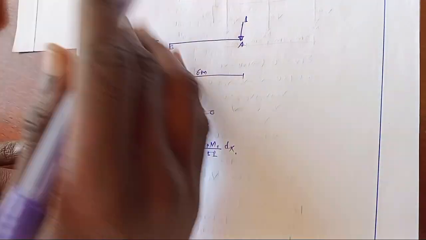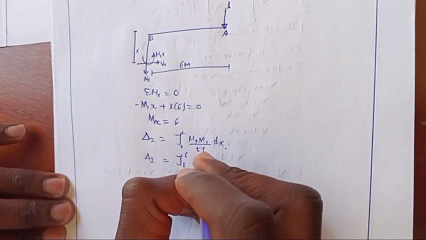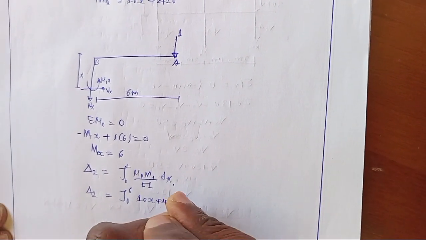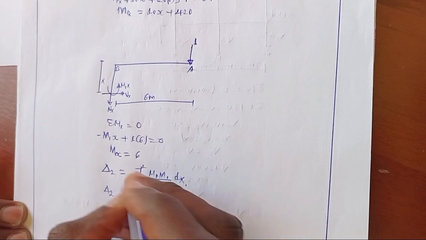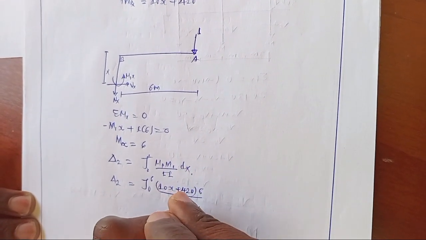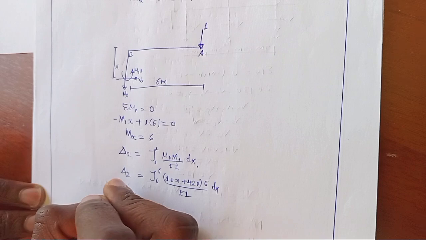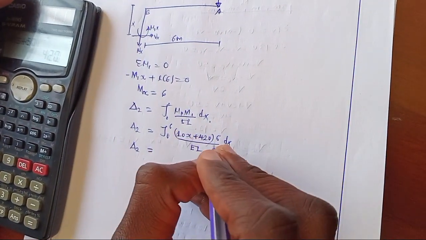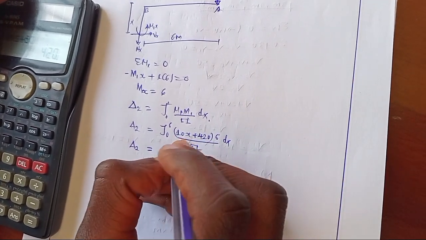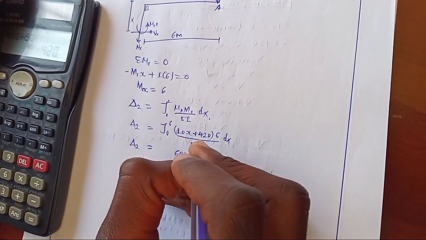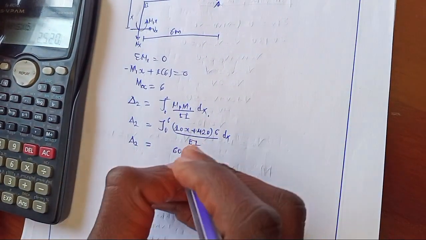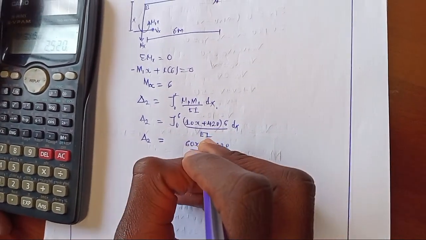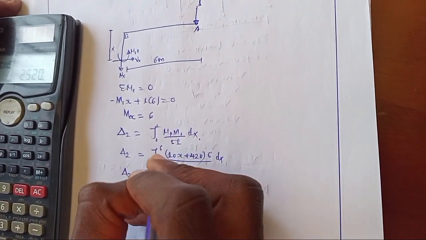Okay? The moment due to applied load was 10x plus 20, times the moment due to unit load, which was 6, over EI dx. Let's integrate this one. When we multiply this, it will be 6 times this, 20 over EI from 0 to 6 dx.